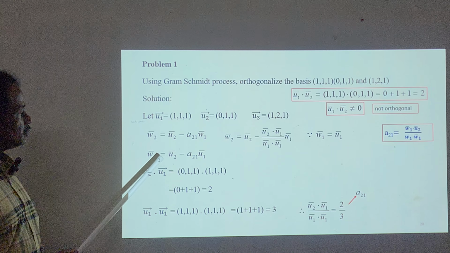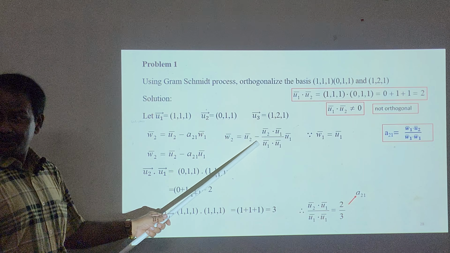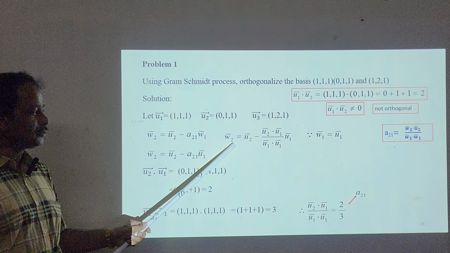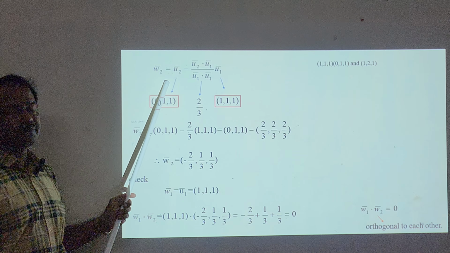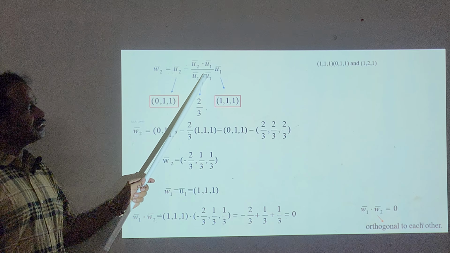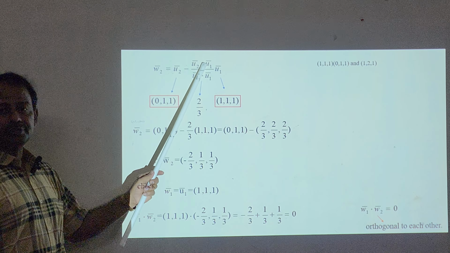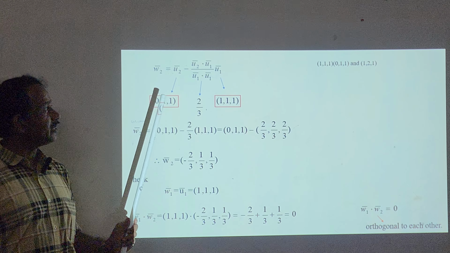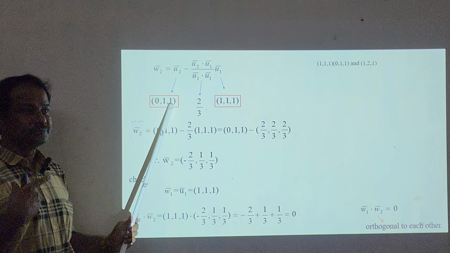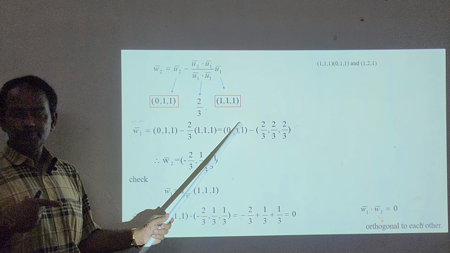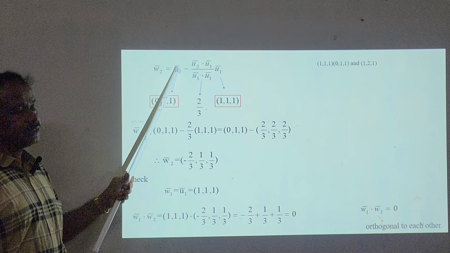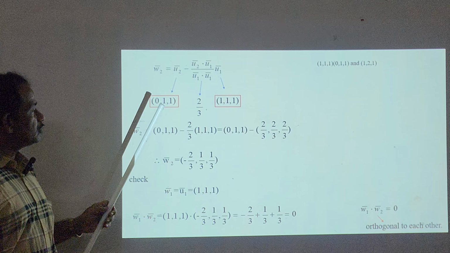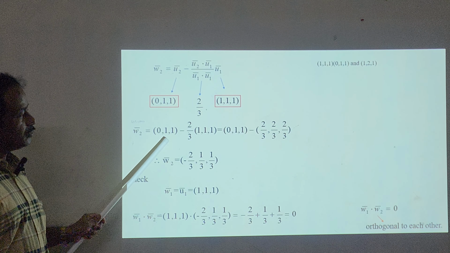Now we will use this equation to get the value of w2. So w2 equals u2 minus a21 u1. We have already computed the projection coefficient, which is 2 by 3. u2 and u1 are given in the problem, so I can substitute in the expression for w2.